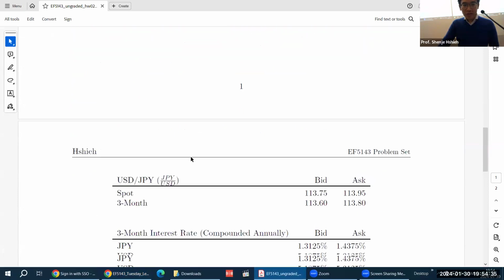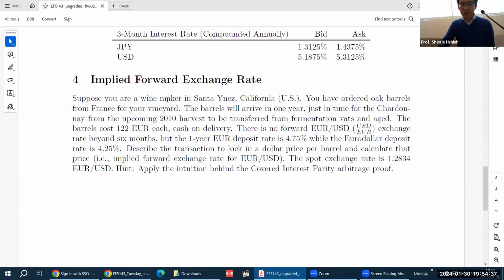Let me read the question to you. Suppose you are a winemaker in California, and you ordered oak barrels from France for your vineyard. You have to buy these special barrels to store your wine, and the barrels will arrive in 1 year. So you don't need the barrels now, but you want to buy them in 1 year.